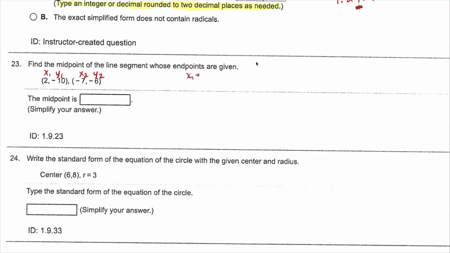You can do x1 plus x2 over 2, and then y1 plus y2 over 2. So we're combining the x terms, combining the y terms, right? And then divide each of those by 2. So what is my x1? 2. What is my x2? -7. Put it all over 2.